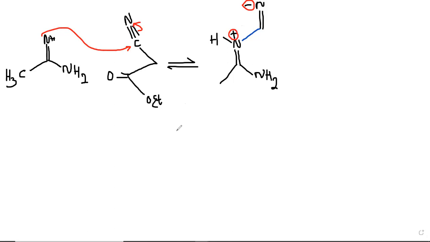Then we are going to draw the rest of this molecule in such a way that we are closing the ring. We start from here: 1, 2, and 3.